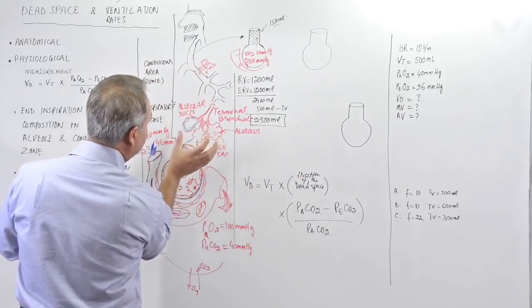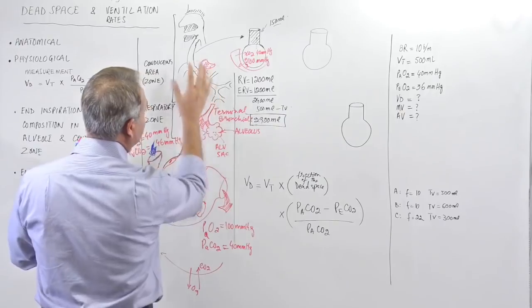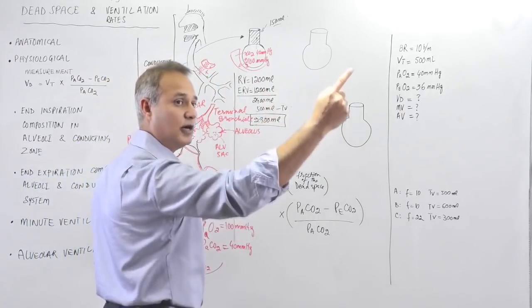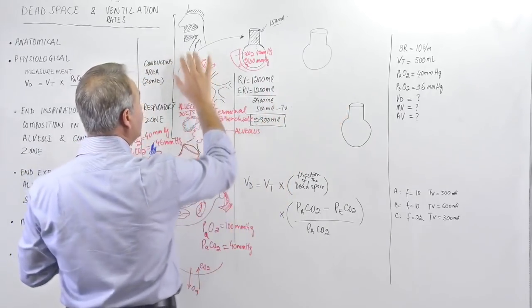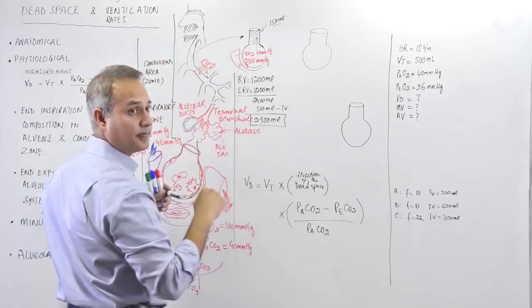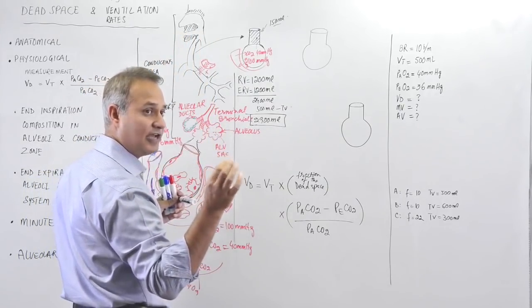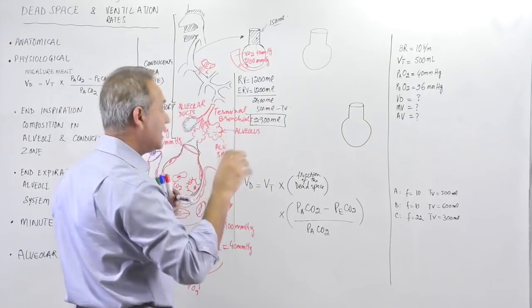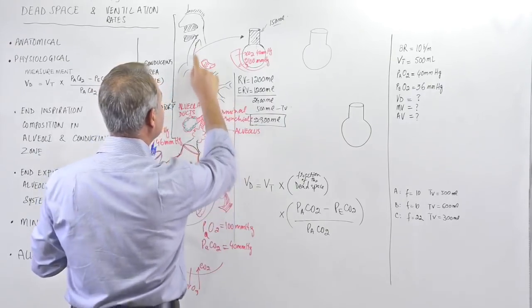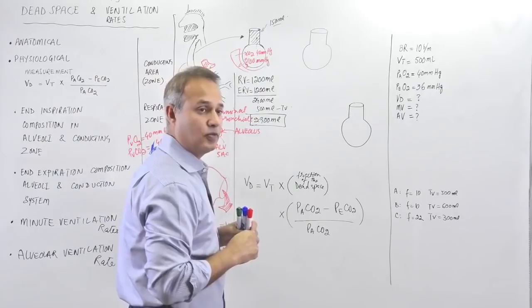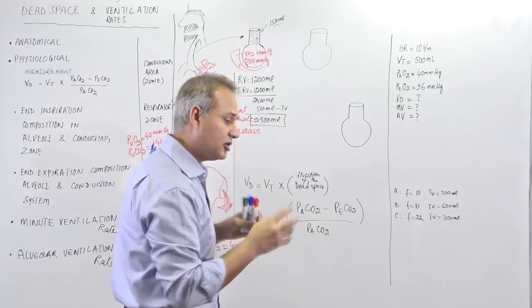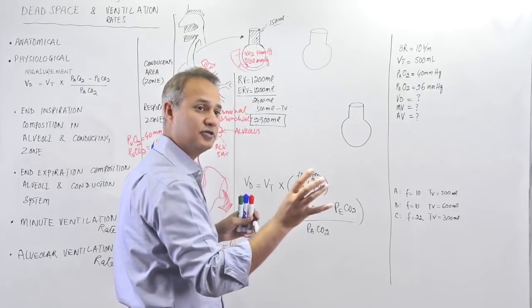Now when the air started moving out, 500 ml is trying to go out. 350 ml air came out. 150 ml got stuck in the airways. Why is it not going out? Because there is no further pressure to move it out.